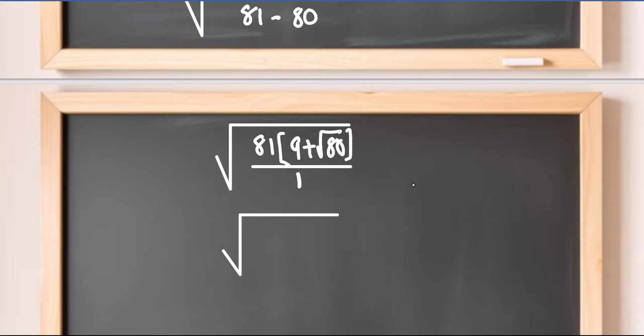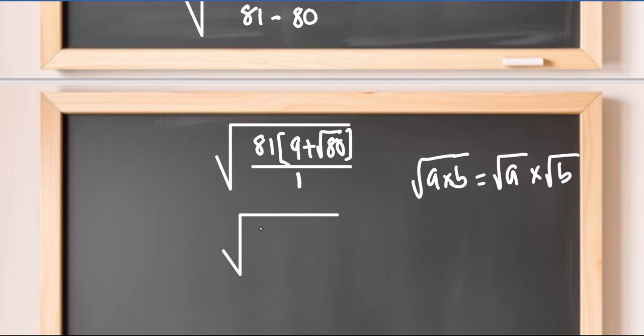There's another rule I'm going to introduce: when we have a times b under the same square root, this can be split as the square root of a multiplied by the square root of b. So using this approach, for the numerator, I can have the square root of 81 multiplied by the square root of 9 plus the square root of 80.